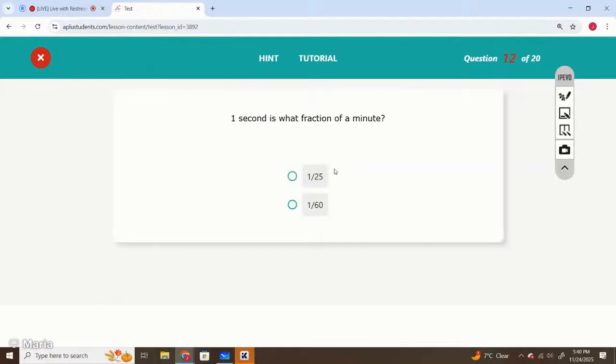Option number 1 is the correct option. 1 second is what fraction of a minute? That is 1 by 60.